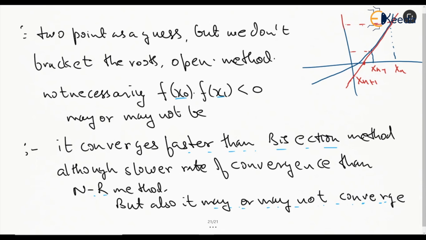So this is an open method. There is a small correction to what we mentioned when discussing the Newton-Raphson method: unlike bisection and second method, which are bracketing methods. Instead of second, you write false position.